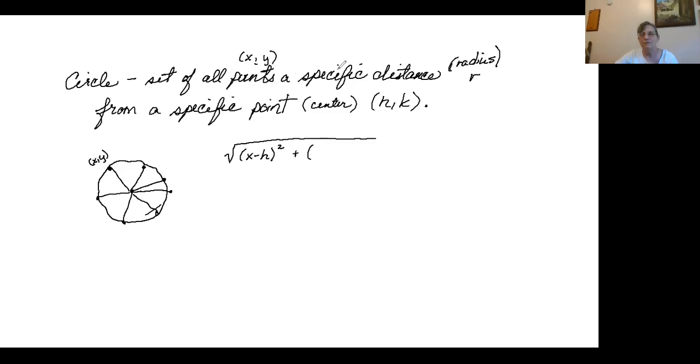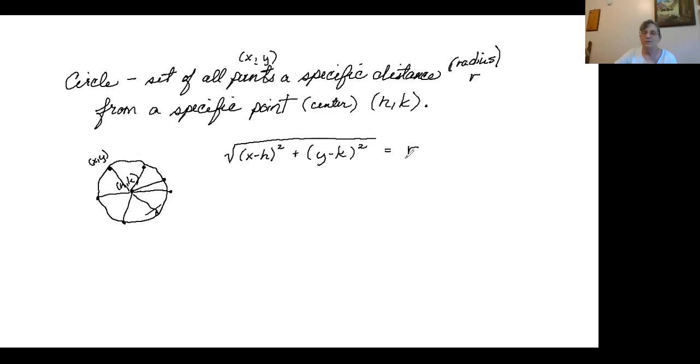And then the distance from Y to K, here's HK here. So the distance here would be Y minus K.